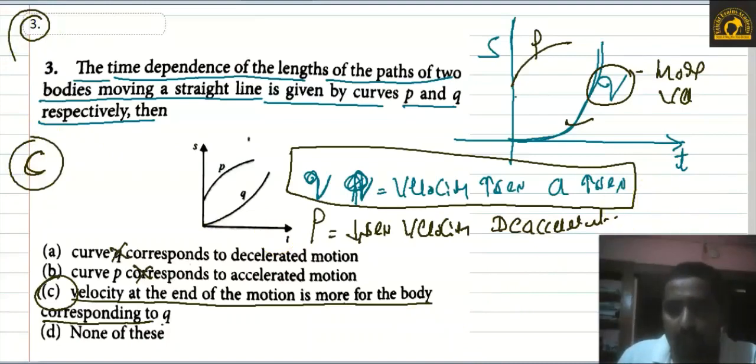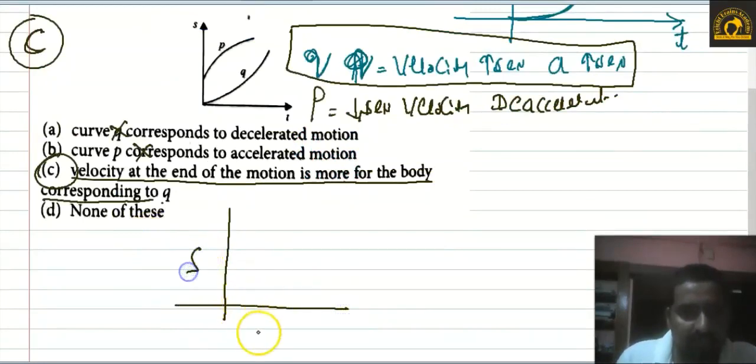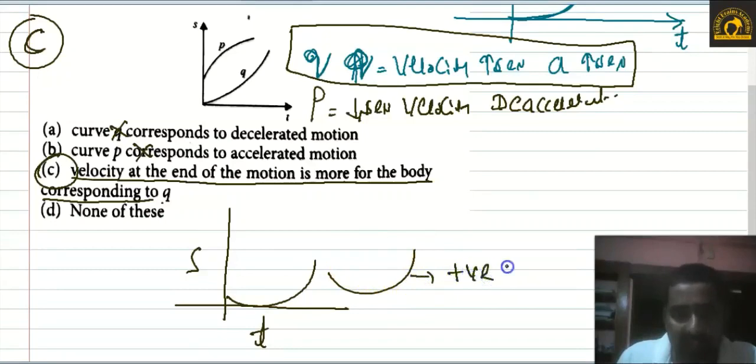One more important point from this, keep it in mind. In the S-T graph, these curves are like that. These curves show positive acceleration and positive velocities.